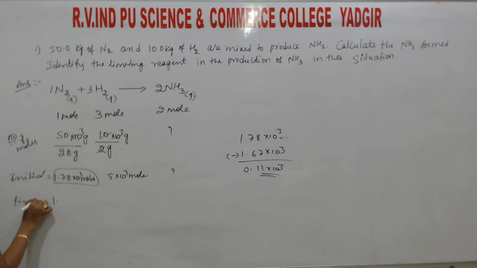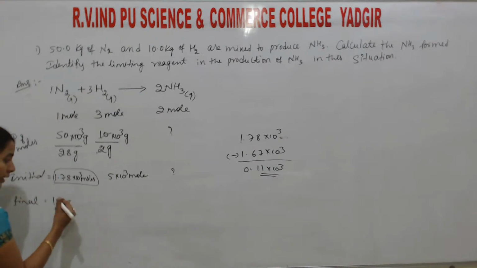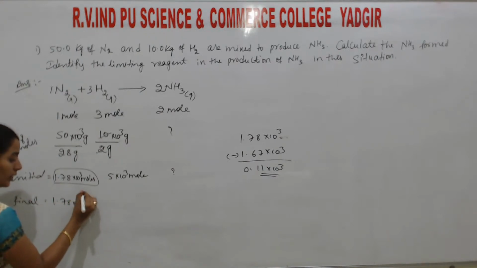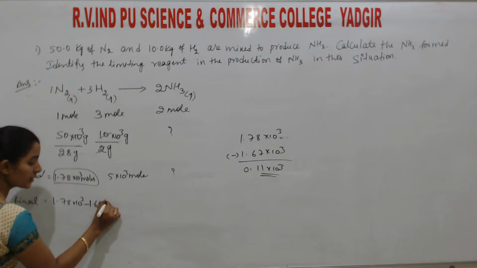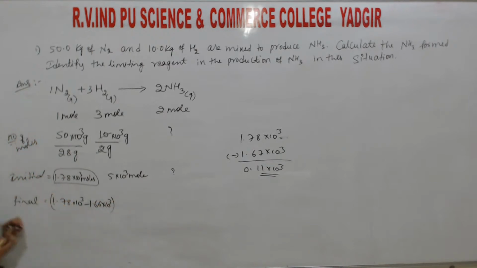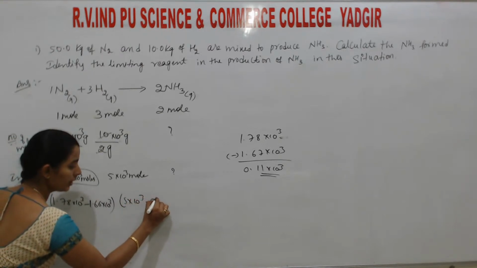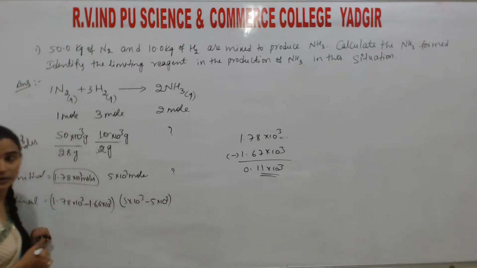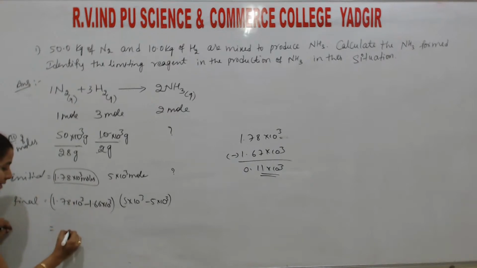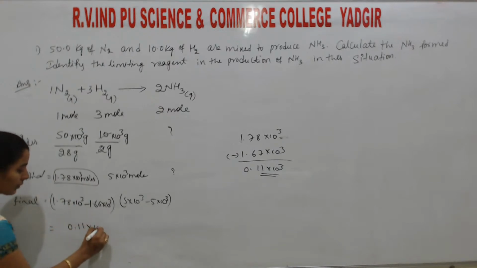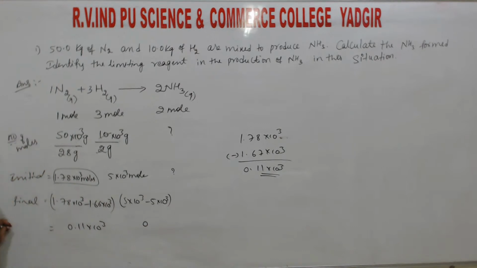For the final value, of the 1.78 into 10 power 3, 1.67 into 10 power 3 is reacted. Here, 5 into 10 power 3 is there, and it is completely reacted. Understood? So the excess left is 0.11 into 10 power 3, and here it is 0.